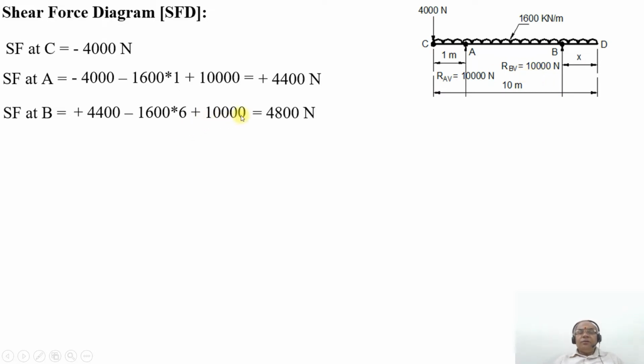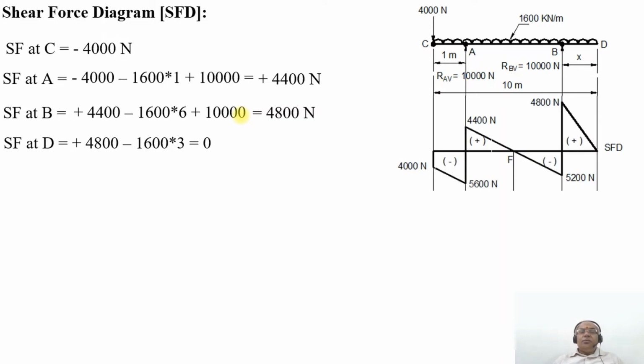Therefore you get 4,800 Newton. Between B and D, it will be plus 4,800 minus 1,600 into 3, which becomes 0. So this is how you get the shear force diagram.